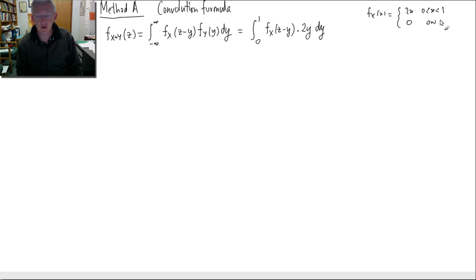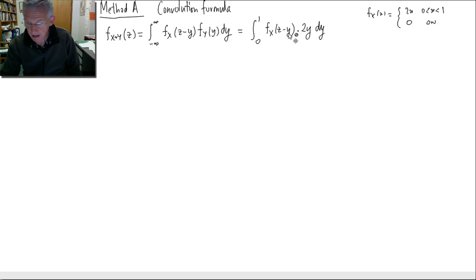It's not always equal to 2x. And the thing we're interested in here is the value of the density evaluated at z minus y. Well, that depends on both z and y.